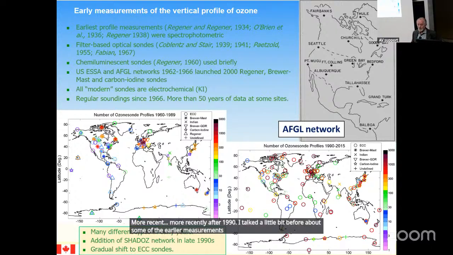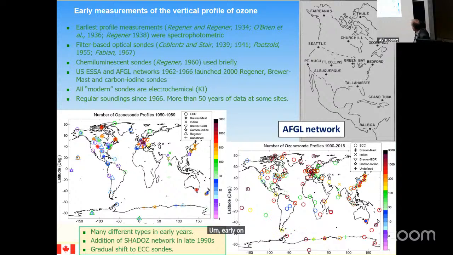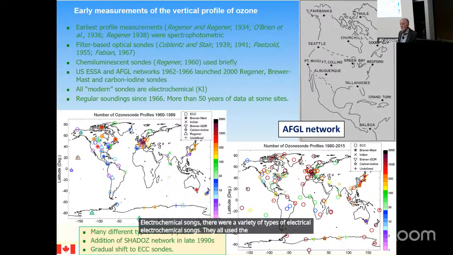There were a lot of different methods that were used early on, but the first real networks were with electrochemical sondes. There were a variety of types of electrochemical sondes. They all used the potassium iodide reaction, but they had different construction, and so they had different losses and different amounts of interference and all those things I alluded to that make it so complicated and interesting.